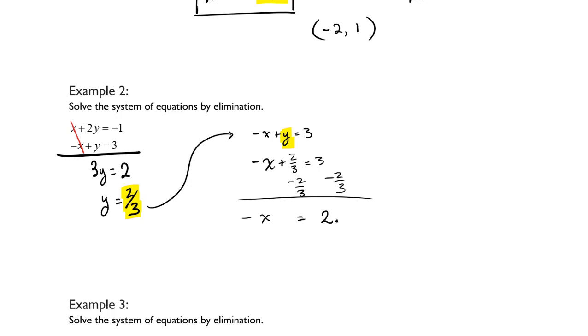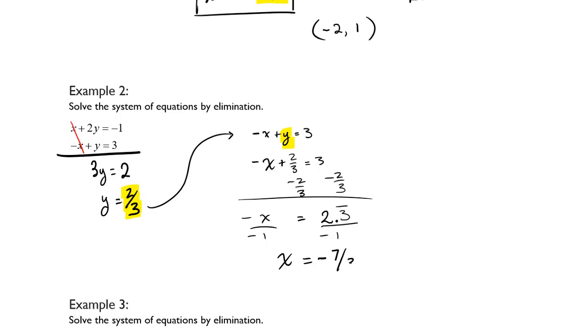2.3 repeating. Now, this probably looks familiar to you, but I want you to notice how much faster this scenario is because we're not asked to graph it. We're just asked to solve by elimination. Now we need to divide both sides by negative 1 to get rid of that negative in front of the x, and we get x is equal to, and I am partial to fractions, so here we go, negative 7/3.